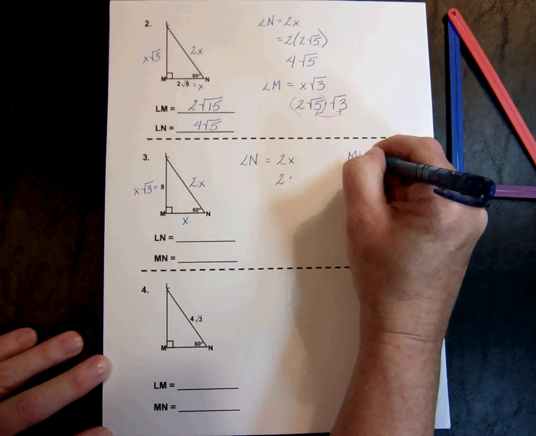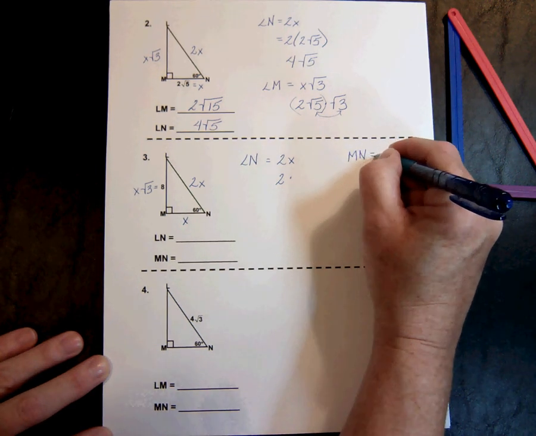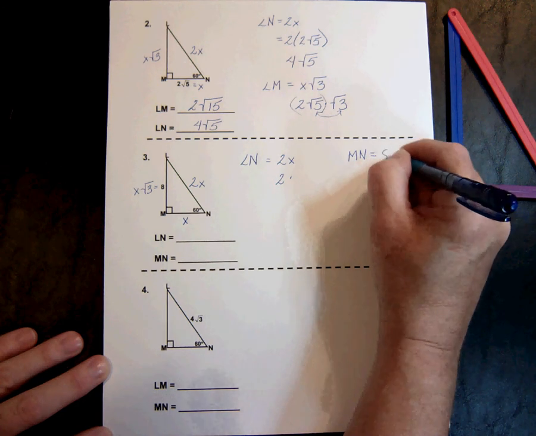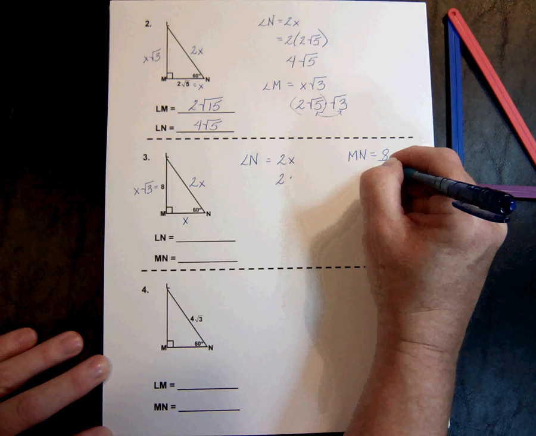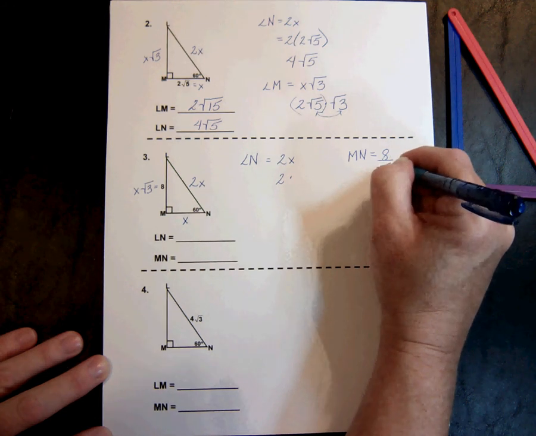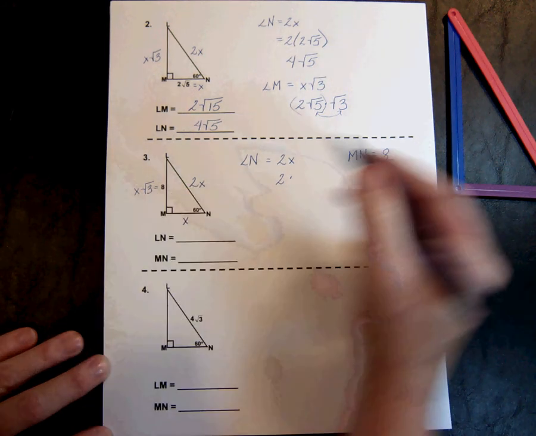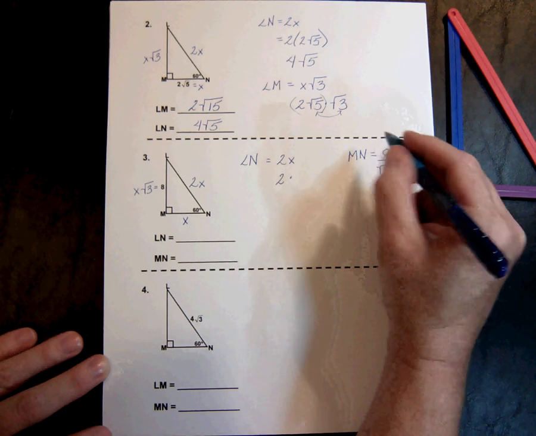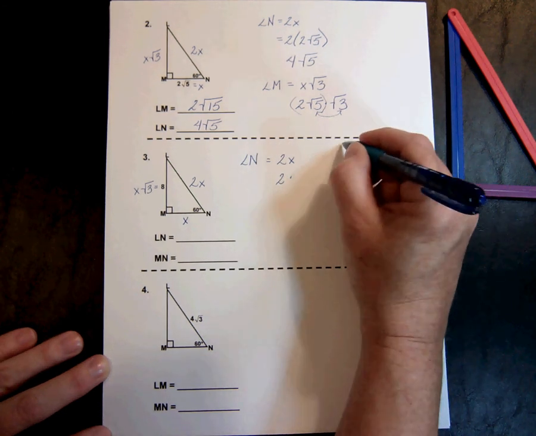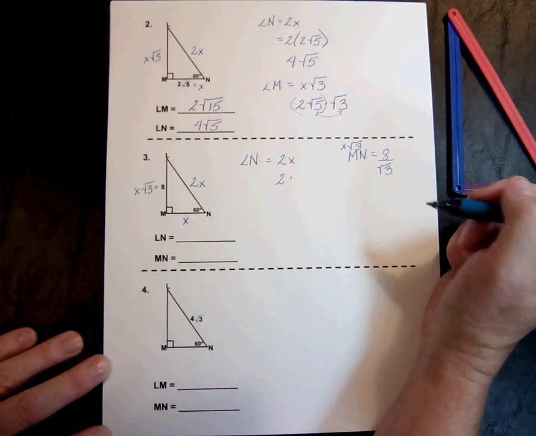Mn is equal to 8 divided by square root of 3. Because you're wanting to divide by both sides. If Mn is equal to, I should have put that there, x square root of 3. You're dividing by square root of 3 on both sides.